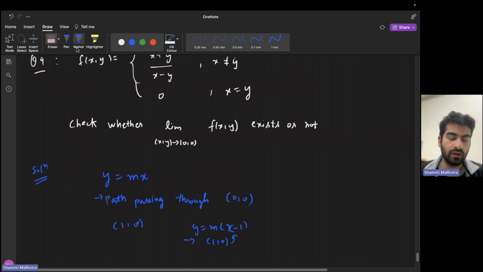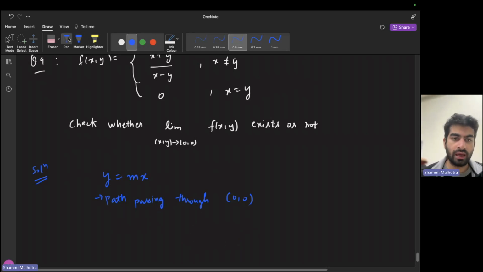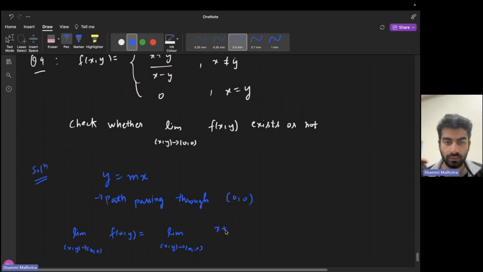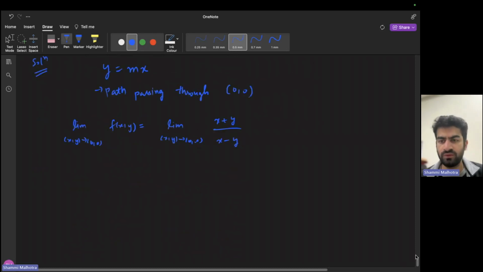So let us get back to our question. I have to consider the limit as (x, y) tends toward (0, 0) of f(x, y), which is the limit of (x plus y) by (x minus y), because otherwise it would be 0 only.